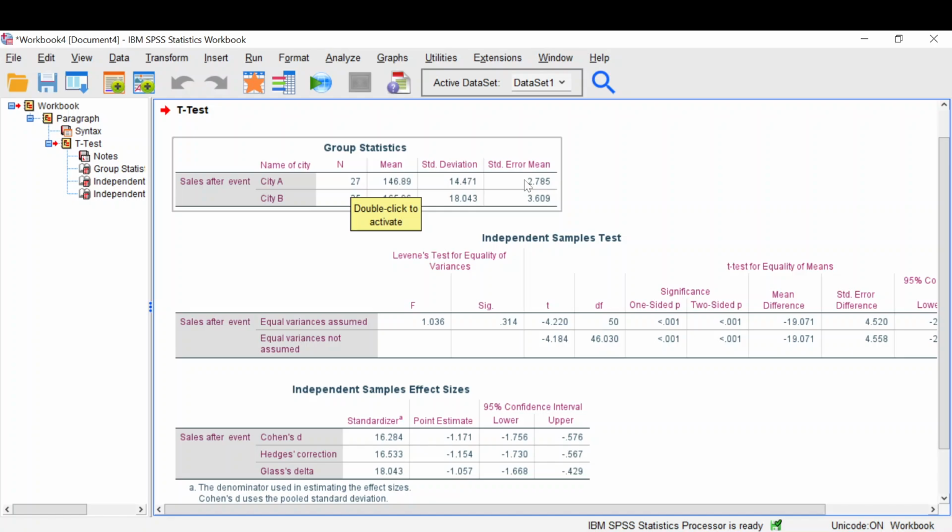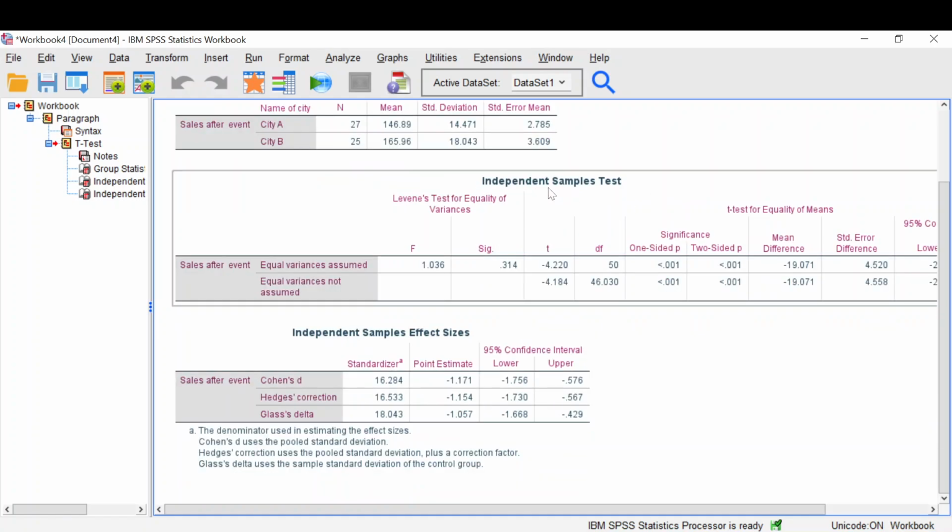This 2.785 is simply the standard deviation divided by the square root of the population. Same for city B, we have 25 observations, 165 mean, standard deviation of 18.043, and a standard error mean of 3.609.